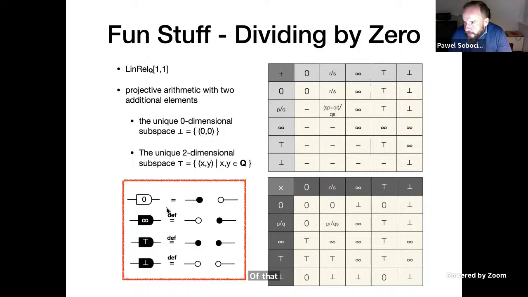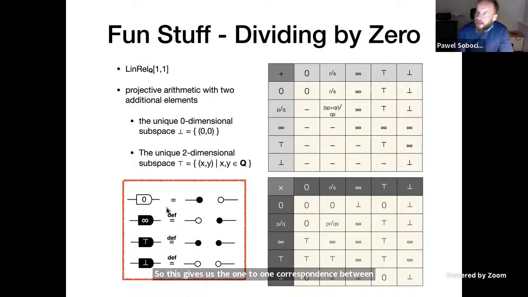So this gives us a one-to-one correspondence between the rational numbers and lines, except for the vertical line, which we take to be the line at infinity. But all of these lines are just one-dimensional subspaces of k squared. So why not? Multiplication corresponds to composition of these things as relations. Reciprocal turns out to be just the opposite relation.